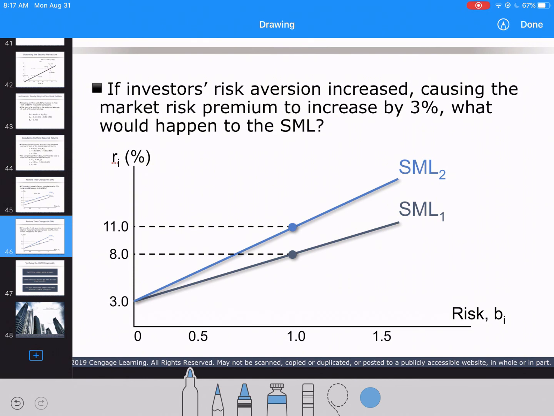It doesn't change. The measure of risk aversion is this risk premium, the slope of the line. So RM minus RF is risk aversion. What is RM minus RF? That is the slope of SML.